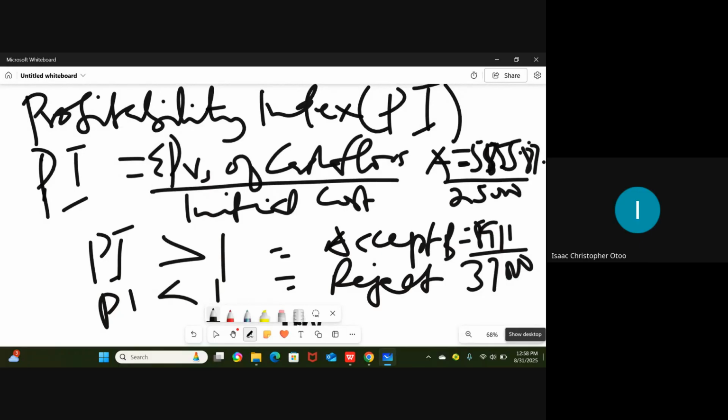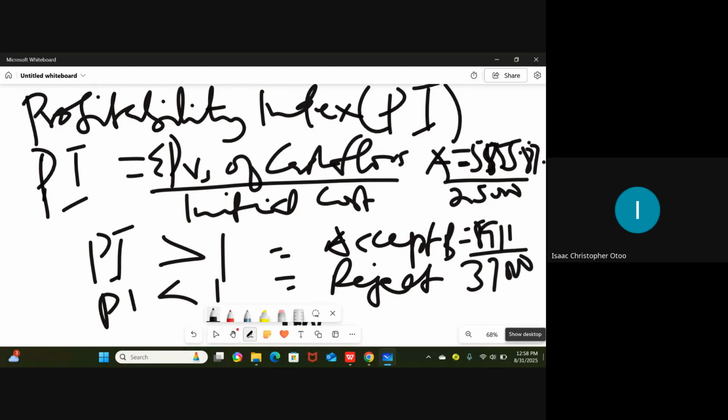Okay. So the PI for A, let's see, is 0.23. So it's not up to even one. Reject. Then the B2 may be the same: 0.24.